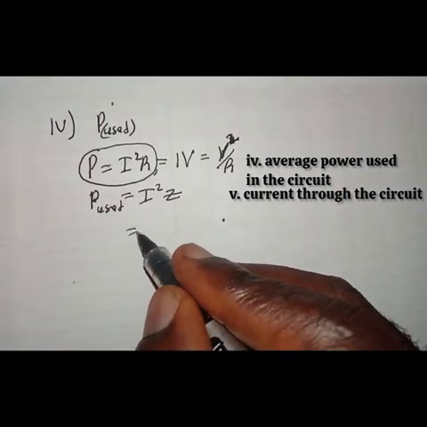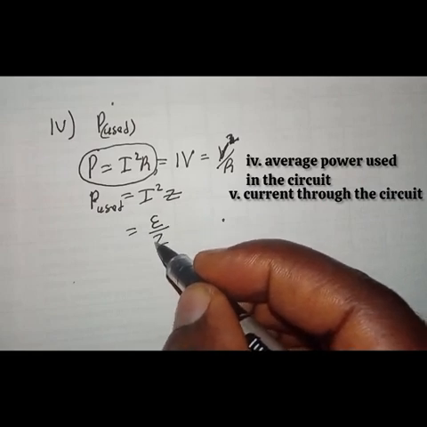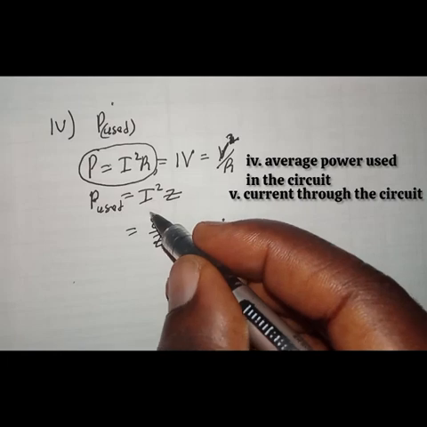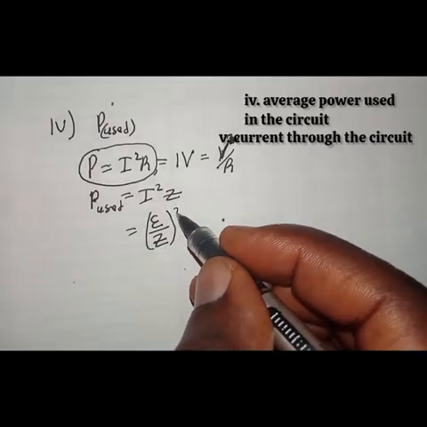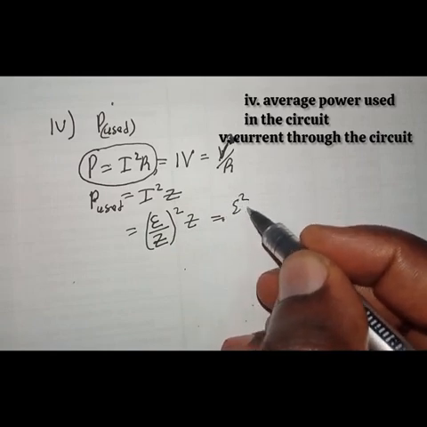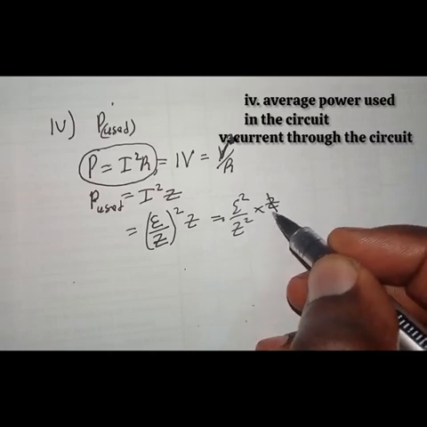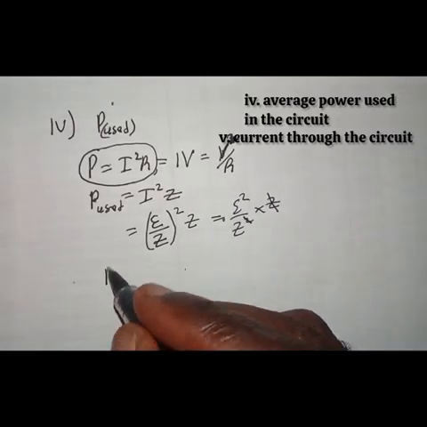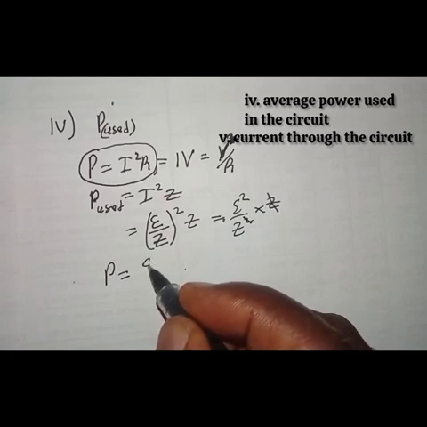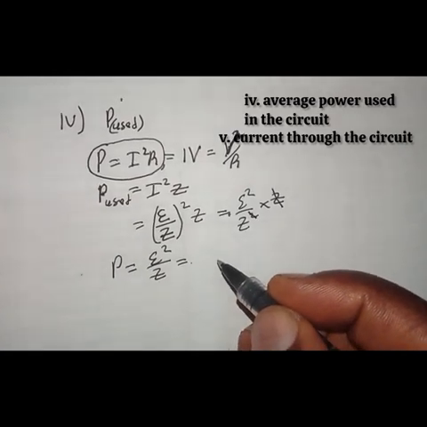We also know that I was written in terms of E over Z since I has not been gotten. So this is going to be E over Z squared times Z. Of course, this is E squared over Z squared times Z, and we cancel one Z. So the power used is E squared over Z. What is our E?